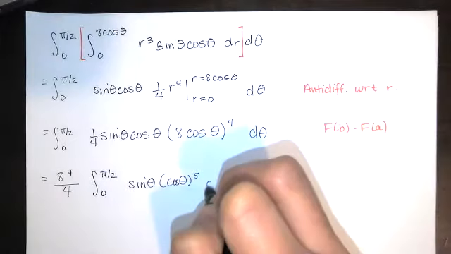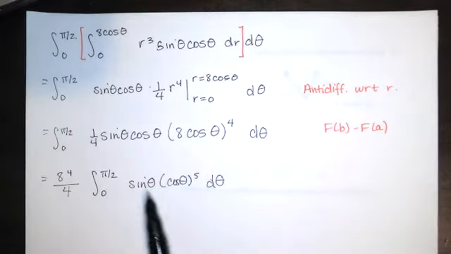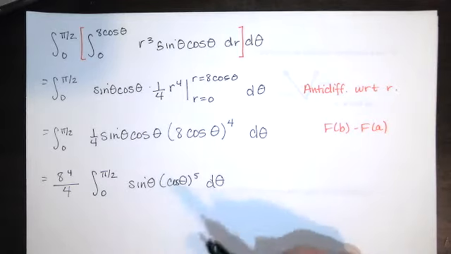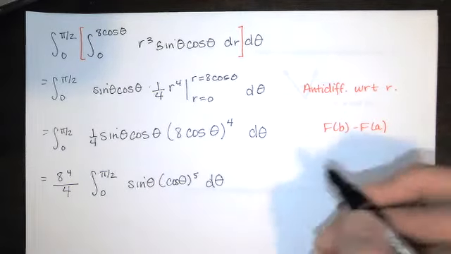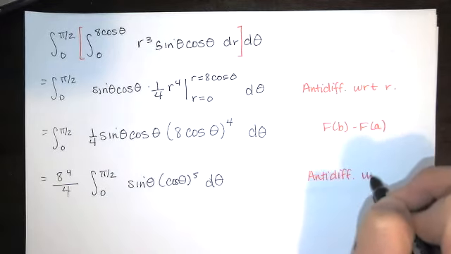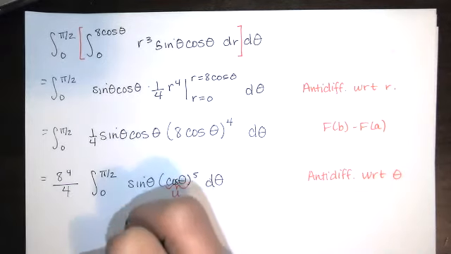That's the standard notation. But I really like this notation because this helps me see that it's going to be a u substitution to evaluate the integral. So we're just going to anti-differentiate with respect to theta, and we let this be our u.